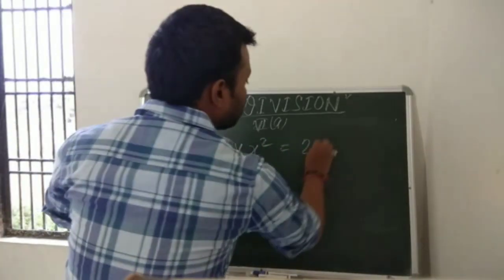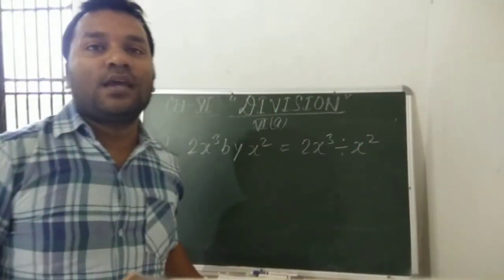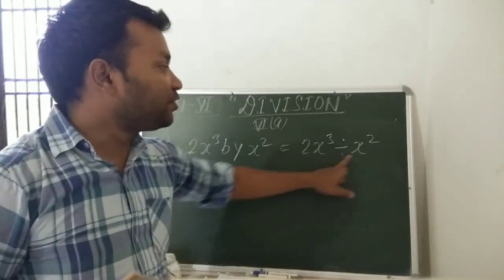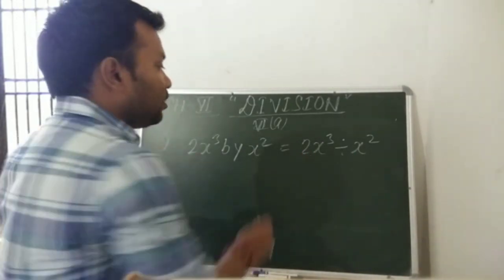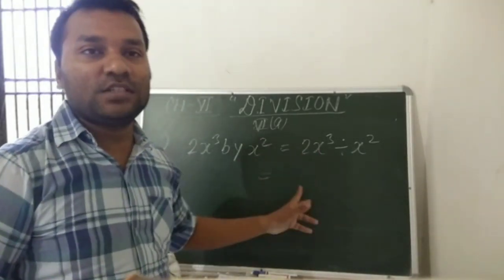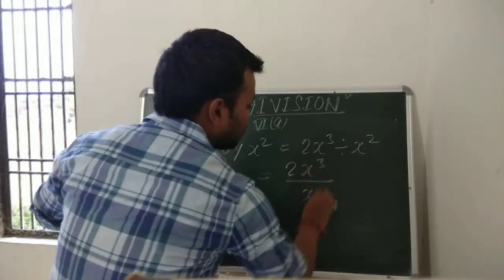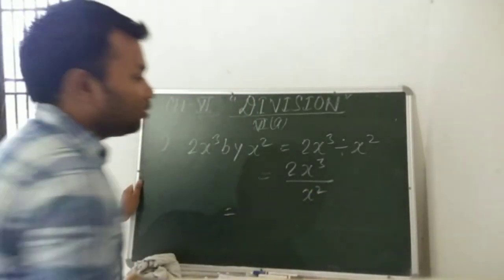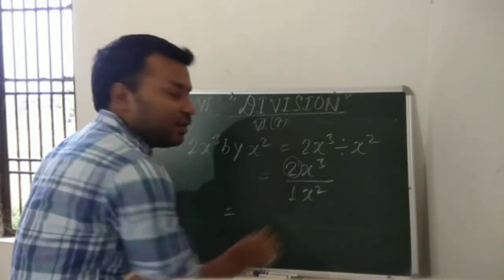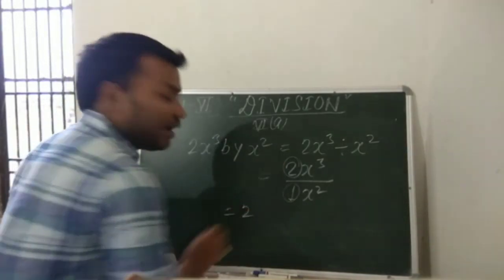It can also be written as 2x cubed is divided by x squared. In such problems, where we divide a simple expression by another simple expression, we have to divide numbers with numbers and variables with variables. You can see here the coefficient in the numerator is 2, and what is the coefficient in the denominator? 1. So we will divide 2 by 1 and we will get 2.